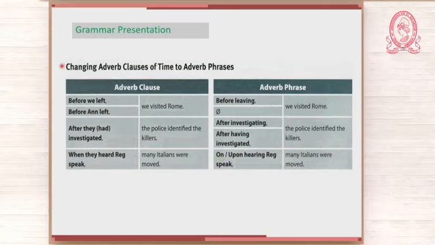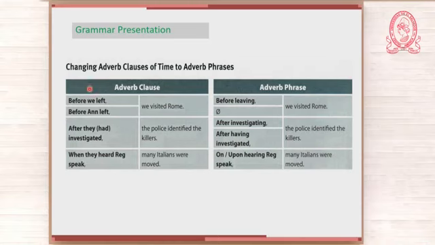Changing adverb clauses of time to adverb phrases. Look at this. Before we left, comma, we visited Rome. Subject, we and we. So it is possible to reduce it. Now, what do I do to reduce this adverb clause to an adverb phrase? First of all, I omit the subject.